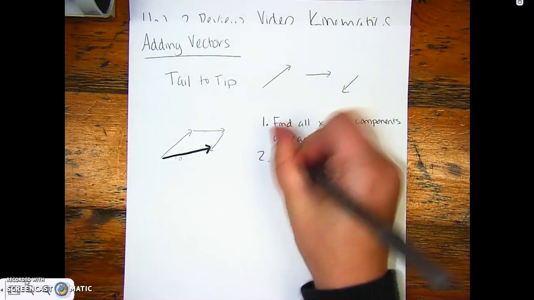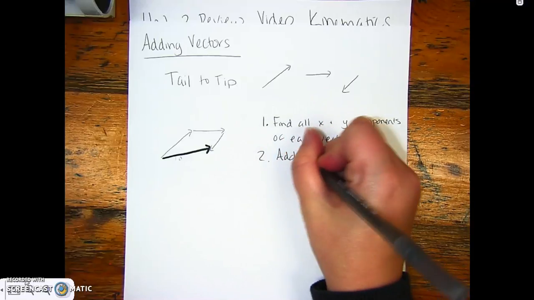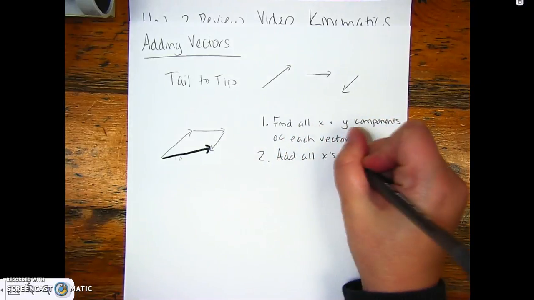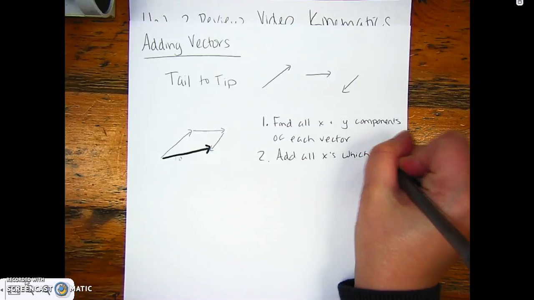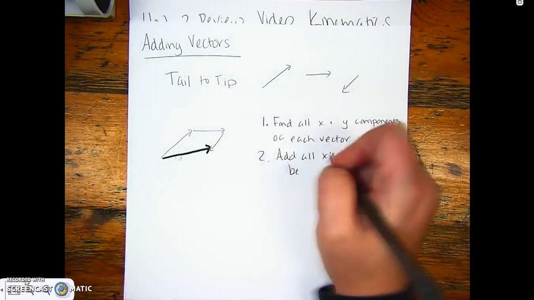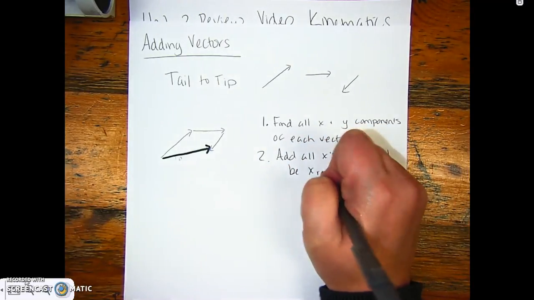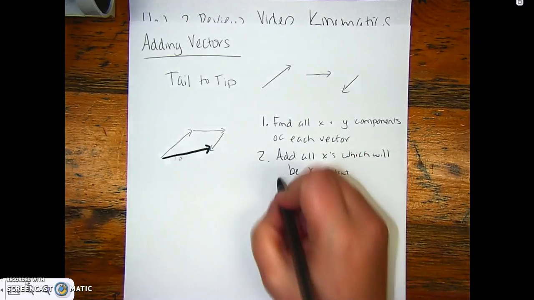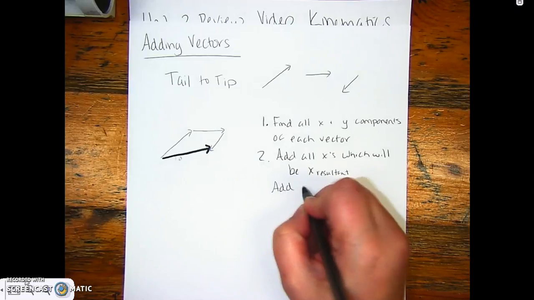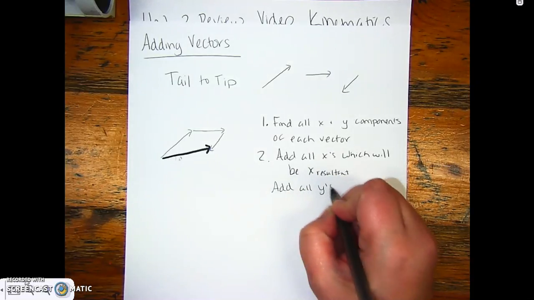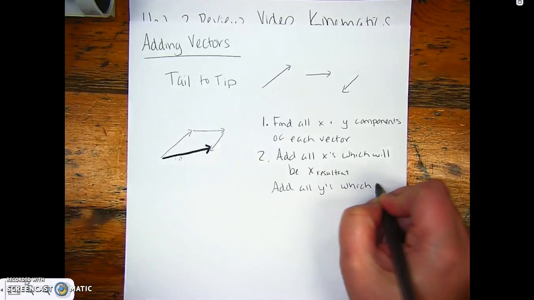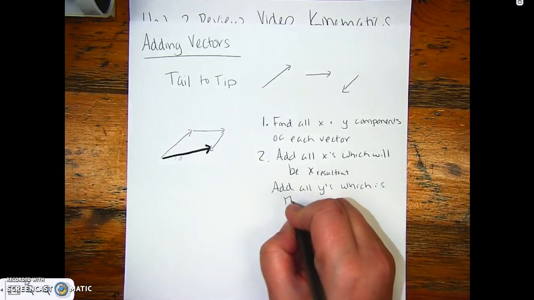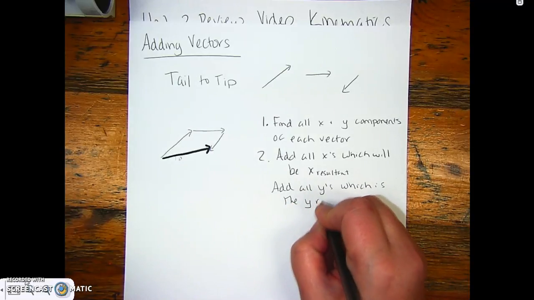And then step 2 is to add all x's, which will be the x resultant, and then also to add all the y's, which is the y resultant.